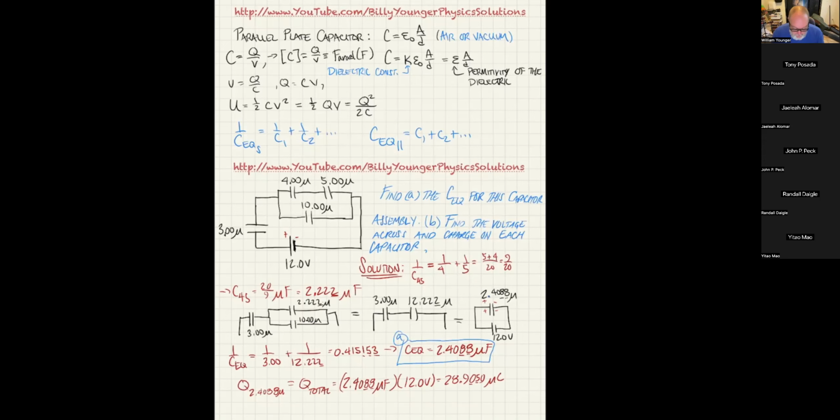So the total voltage across the 4 and the 5 microfarad capacitor is the same as the total voltage across the 10. So that should tell you from C equals Q over V that clearly the 10 microfarad is going to get the lion's share of the 28.9050 microcoulombs. We're going to do the calculation to make sure, but we'll see.